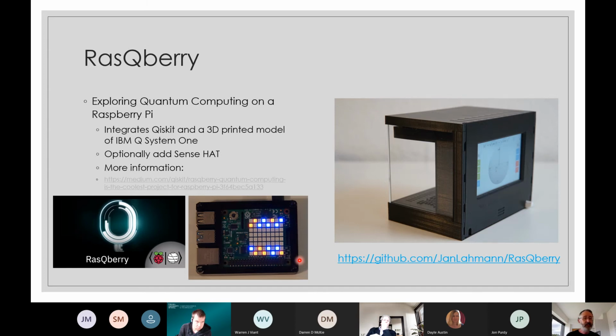There's a really nice project being done called Raspberry, which basically sets up a Raspberry Pi to be able to do all of that for you. So it basically puts access to Qiskit and the IBM facilities, all the software required, onto a little Raspberry Pi. You can even print a 3D model of IBM's quantum computer and get the results out on their Sense hat.